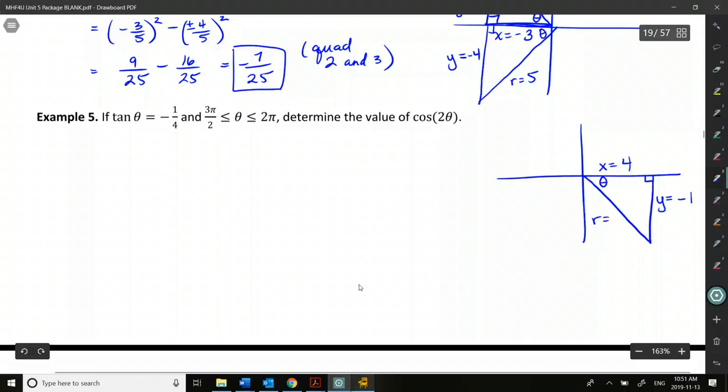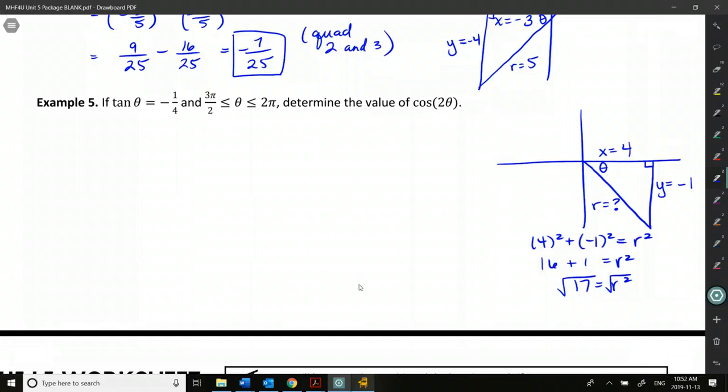So I need to find the radius if I'm going to find the cos of 2 theta. We can use the Pythagorean theorem to help us with that. And the radius is always positive, so only x and y can be either positive or negative.